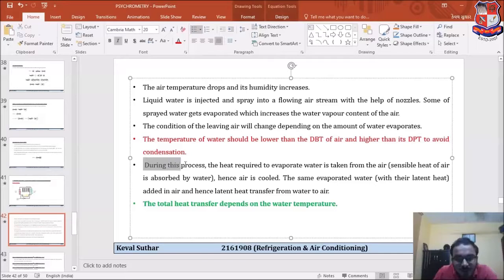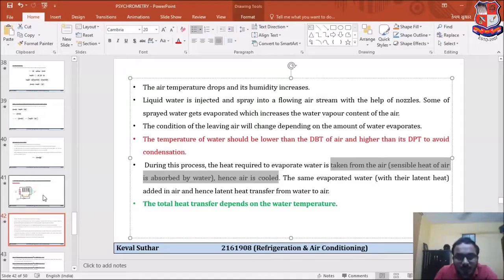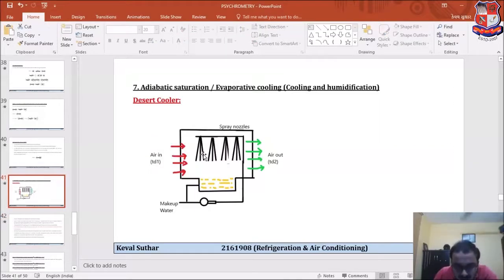Now during this process, the heat required to evaporate the water, as water spray is in liquid form, is taken from the air. That is, the sensible heat of air is absorbed by the water. That's why the air is being cooled. To repeat again, here water particles are there through this spray, so they have to get evaporated and they require latent heat of evaporation that will be taken from this air at TD1.